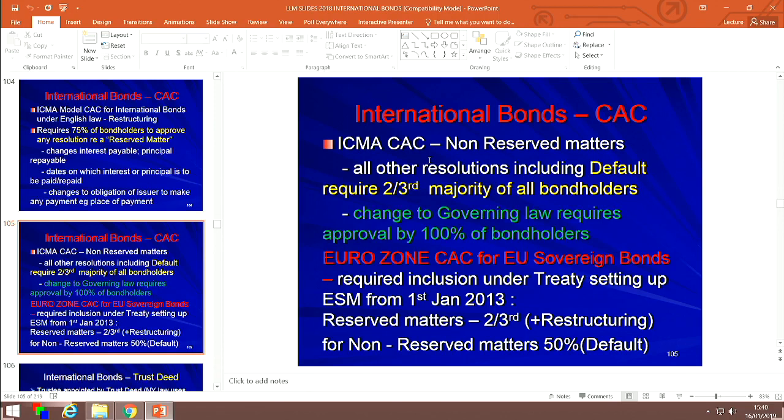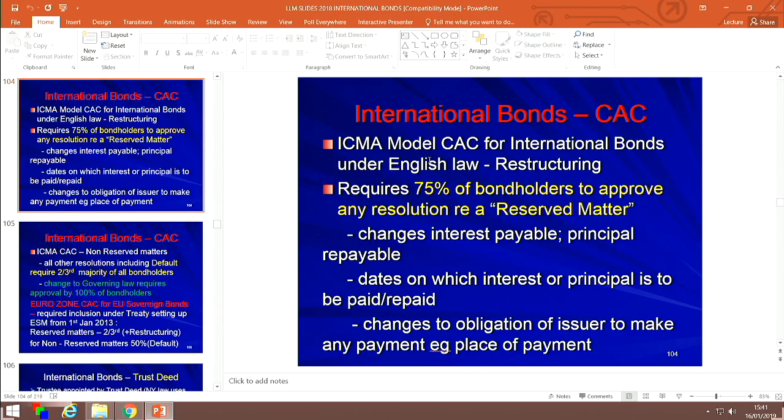Now, it is important to understand that the Eurozone CAC clause percentages are the minimum required for Eurozone EU sovereign bonds under the ESM treaty. So if, for example, you have an English law-governed bond issue by a Eurozone sovereign state, for example Portugal, Greece or Italy, then you've got an option.